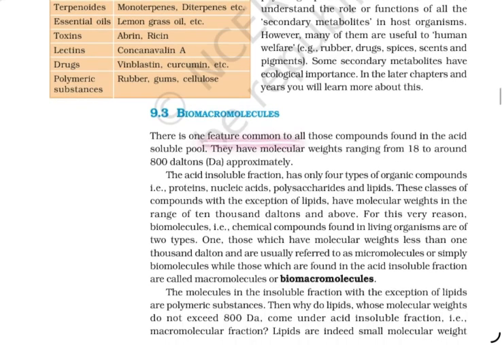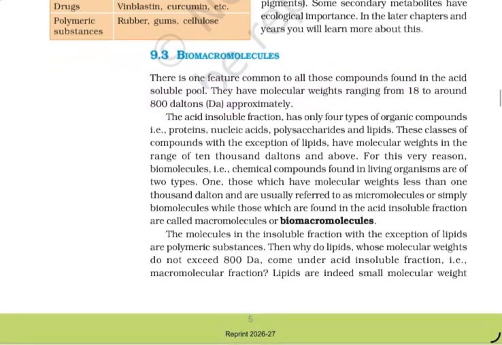Biomolecules: one of the features common to all the compounds found in the acid soluble pool is that they have molecular weights ranging from 18 to around 800 Dalton approximately. The acid insoluble fraction has only four types of organic compounds: proteins, nucleic acids, polysaccharides and lipids. These classes of compounds, with the exception of lipids, have molecular weights ranging from 10,000 Dalton and above.